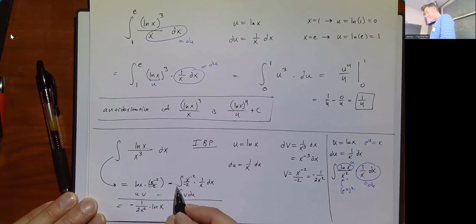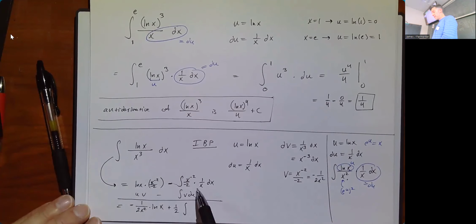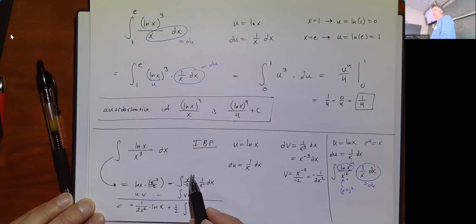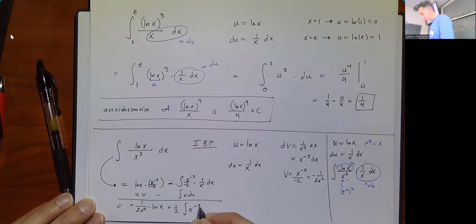I'm going to bring out the negative 1/2 here, so minus a negative 1/2 is plus 1/2. Then I have the integral of x to the negative second divided by x. I can put those two together and get x to the negative third, because x to the negative second divided by x to the first, we subtract those powers, and negative 2 minus 1 is negative 3. So that's the antiderivative of x to the negative 3.